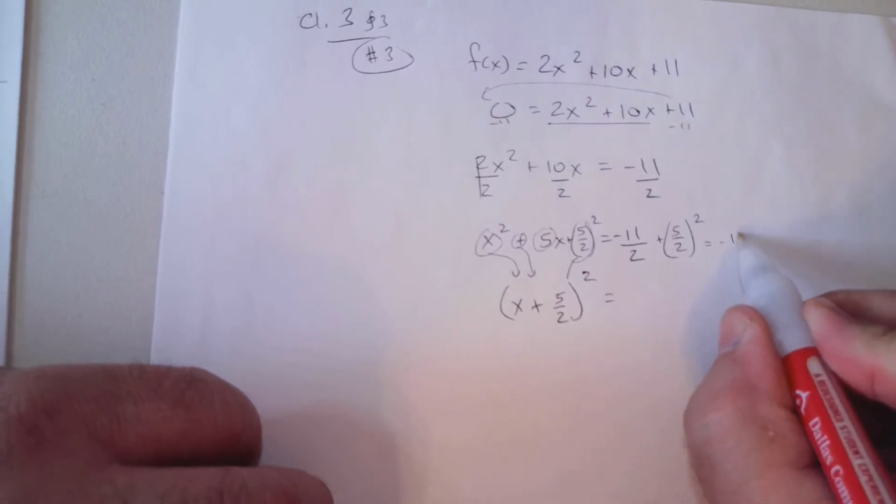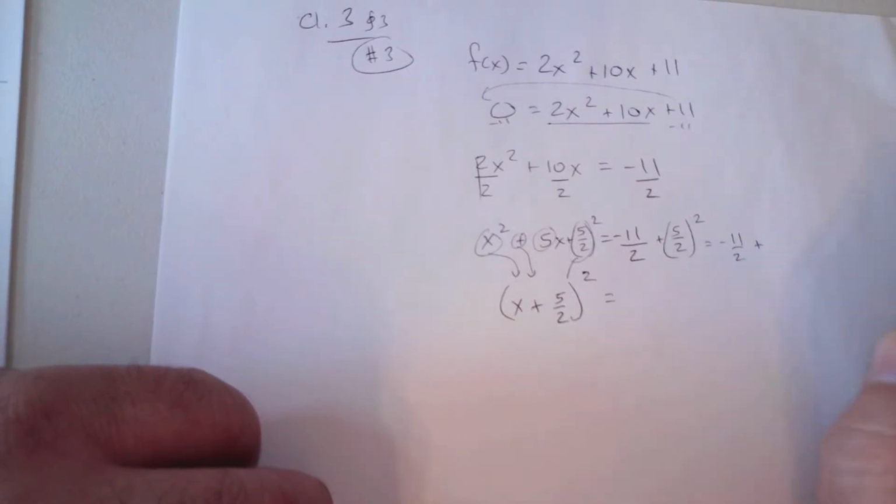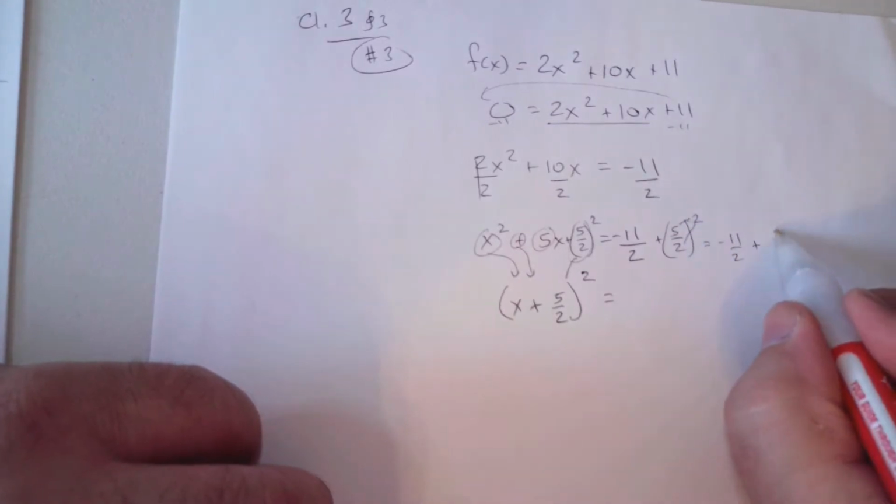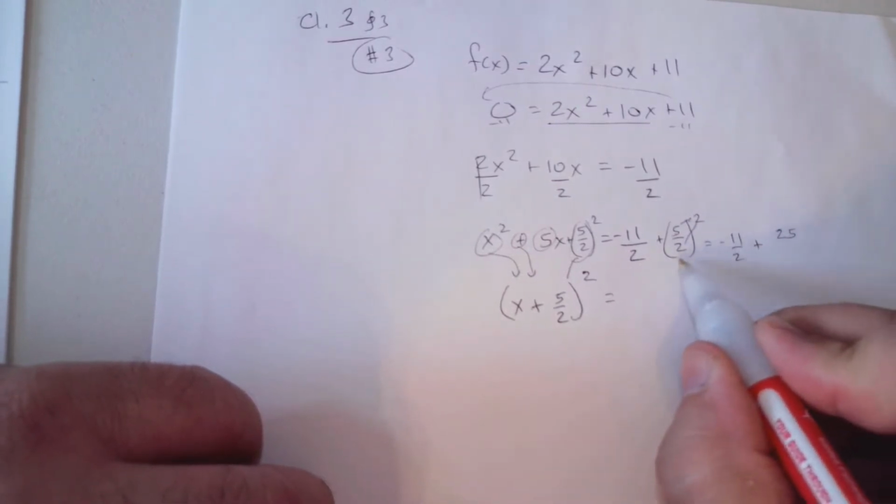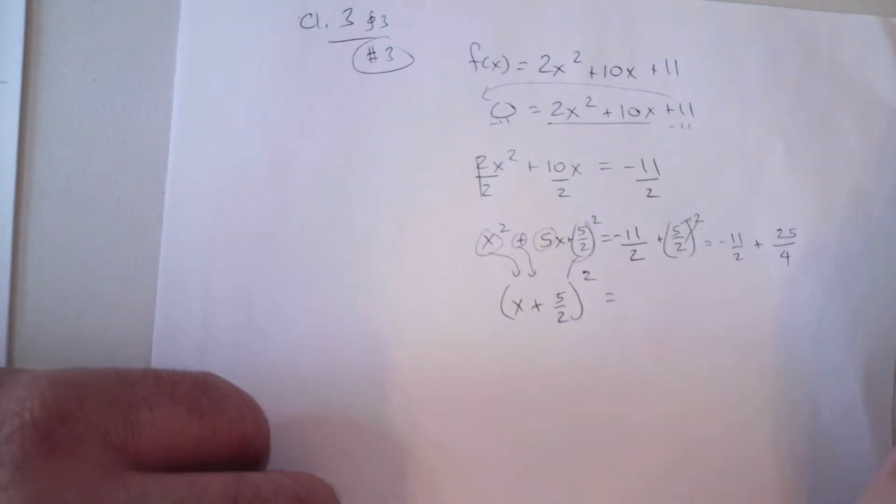So we have negative 11 over 2. This squares both of those, so it's 5 squared is 25 over 2 squared is 4.